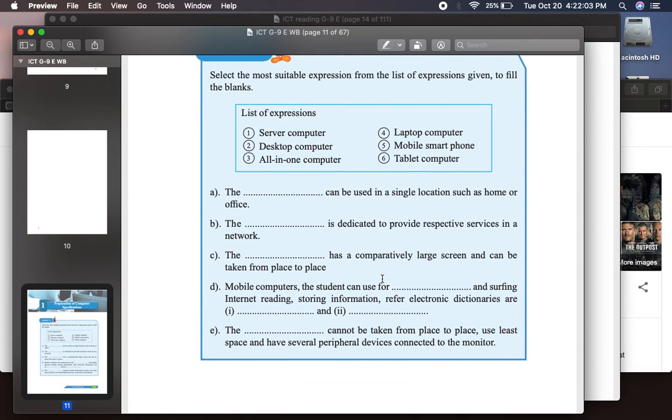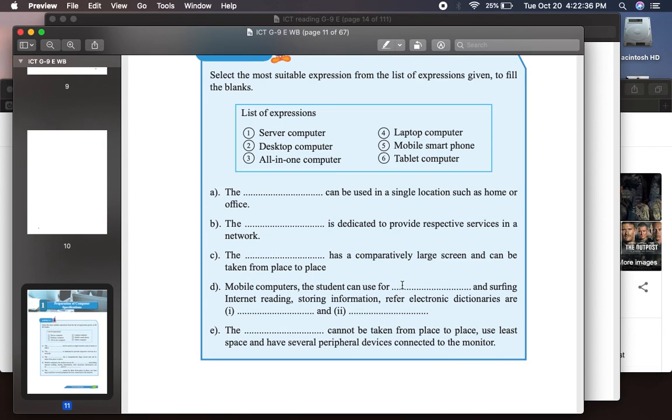We come to sentence D. Mobile computers the student can use for, there is a blank, and surfing, internet reading, storing information, refer electronic dictionaries up.